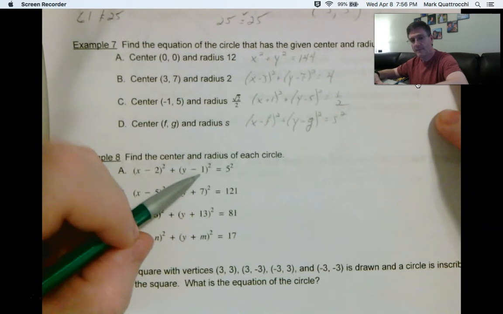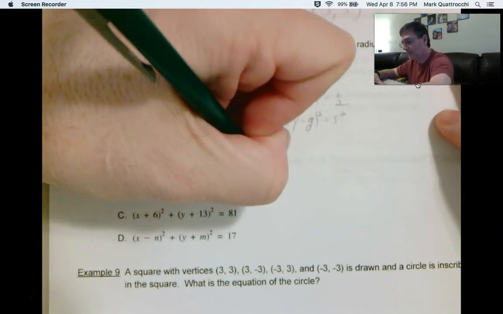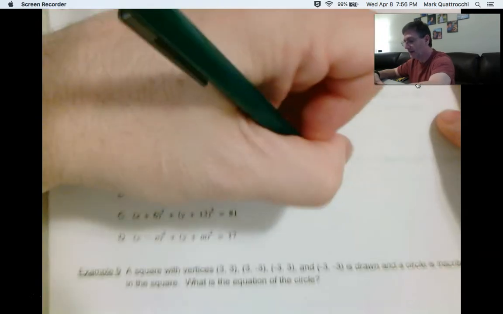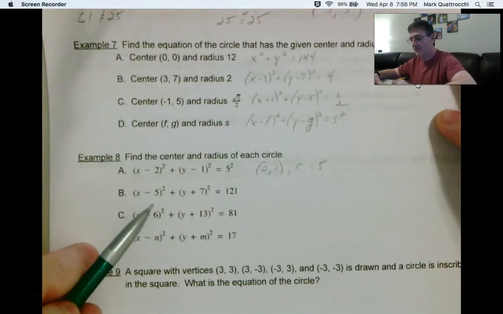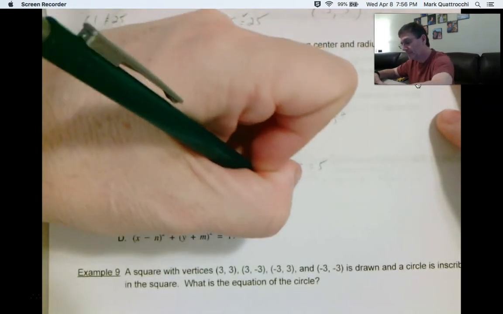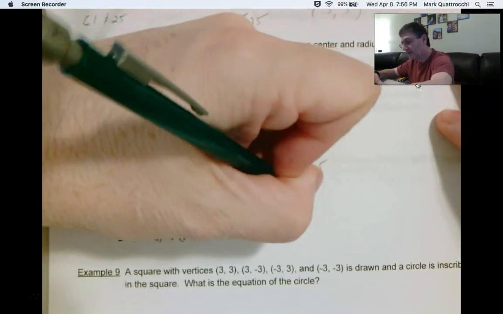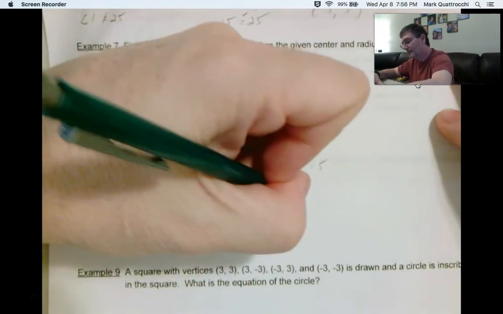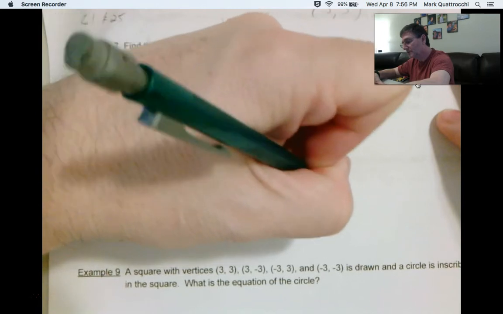Example 8 is asking us to go backwards. Center 2, 1, and r equals 5. Center 5, negative 7, r equals 11.